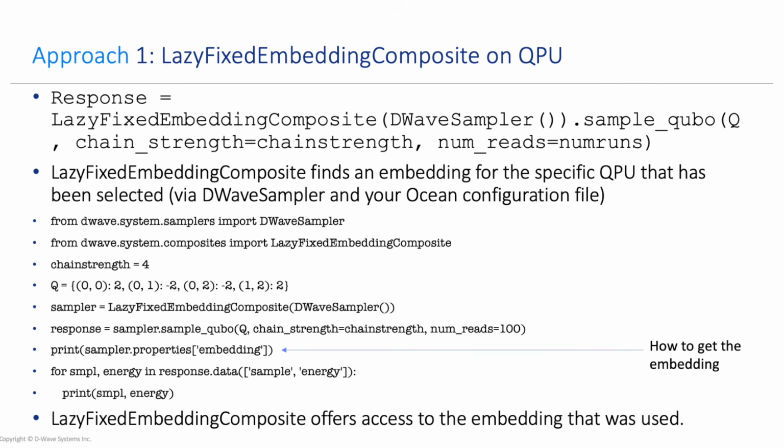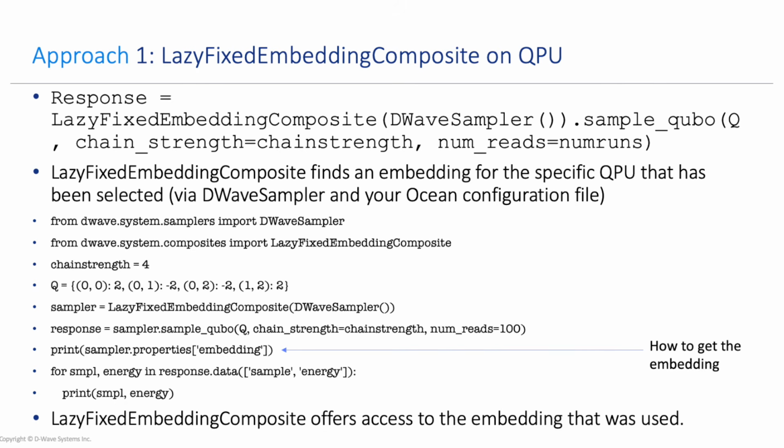And the sampler gets wrapped in something called a composite, in this case called lazy fixed embedding composite. What that does is it takes care of doing the embedding for you. It calls the software necessary to embed the problem that you provide, this Q matrix.